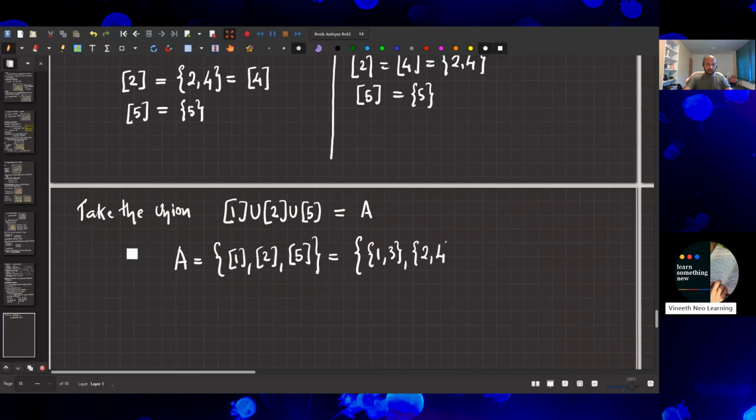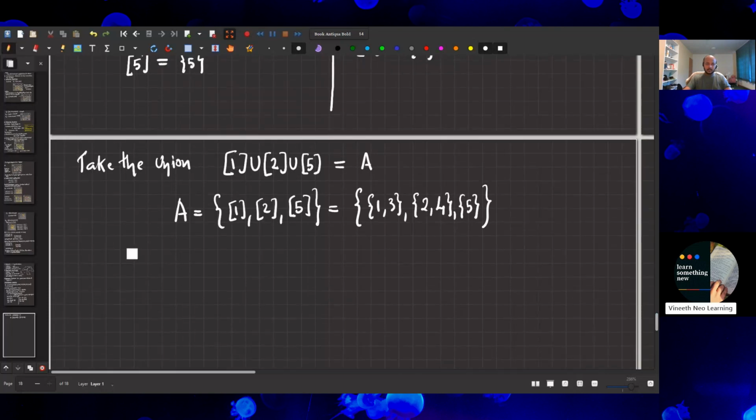Partition means dividing into subsets such that no element is common to any two of those subsets. The intersections should be the null set.